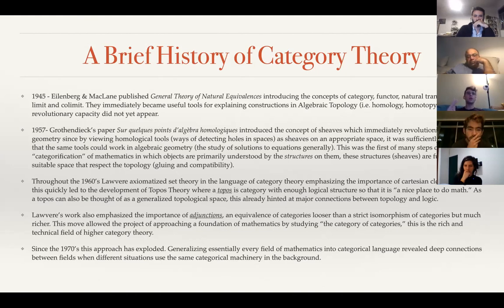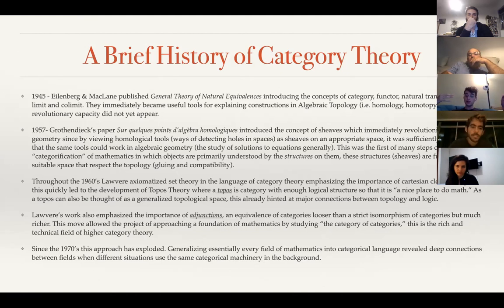Lawvere also really emphasized the importance of adjunctions, which we won't go into deeply today, but adjunctions are a way to understand an equivalence between categories that's only equivalent up to natural isomorphism. What that really means is that you could take the naive idea of an isomorphism between categories, which is just that the categories look exactly the same. But isomorphisms between categories are pretty rare.